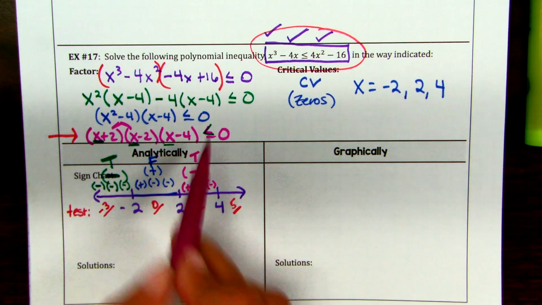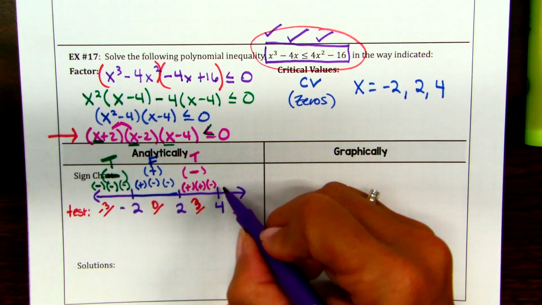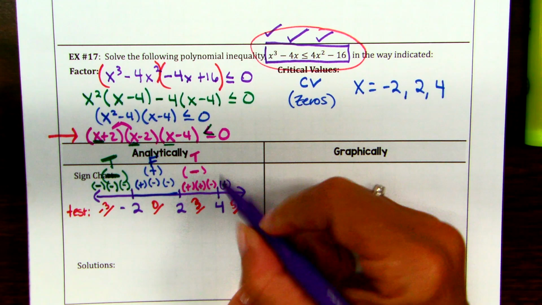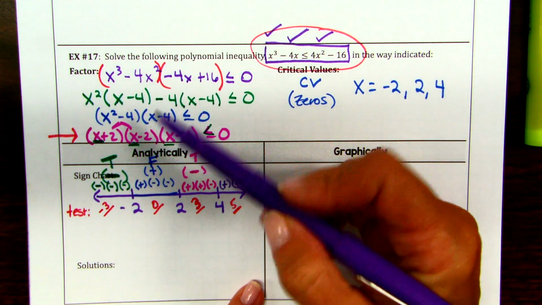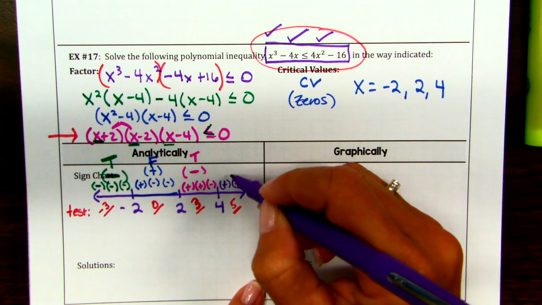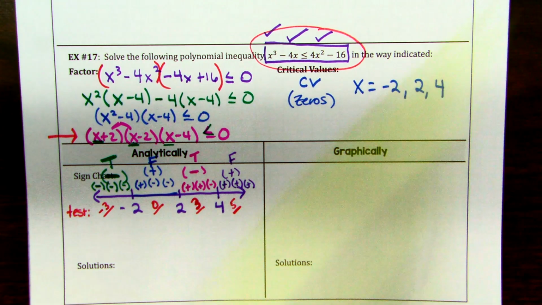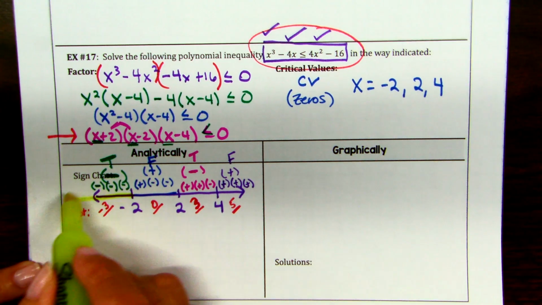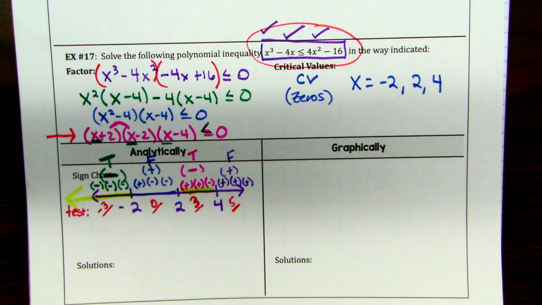That makes this a true statement. 5 plus 2, positive. 5 minus 2, positive. 5 minus 4, positive. 3 positives stay positive. False. So what we just found is this part of my graph and this part of my graph meet the criteria of being less than or equal to 0.